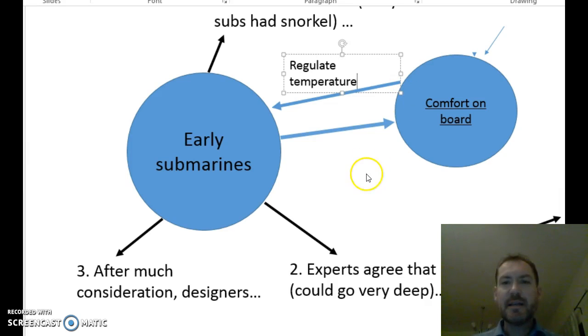What I'm trying to say to you guys is the link between the two paragraphs there is the machine. The machine that regulates carbon dioxide and oxygen. And in the comfort paragraph, you make a reference, you just mention that machine again, but you say that in modern day submarines, they actually regulate the temperature as well.